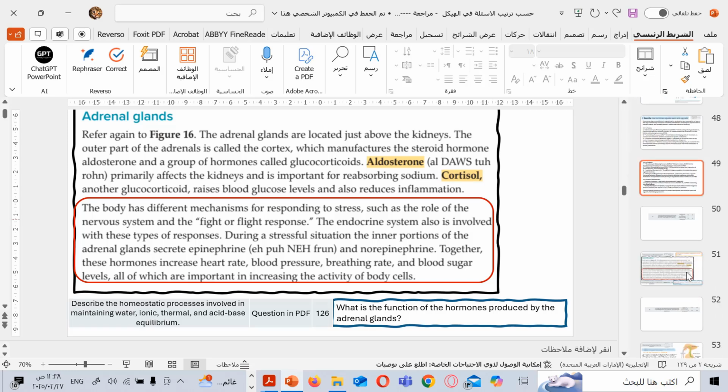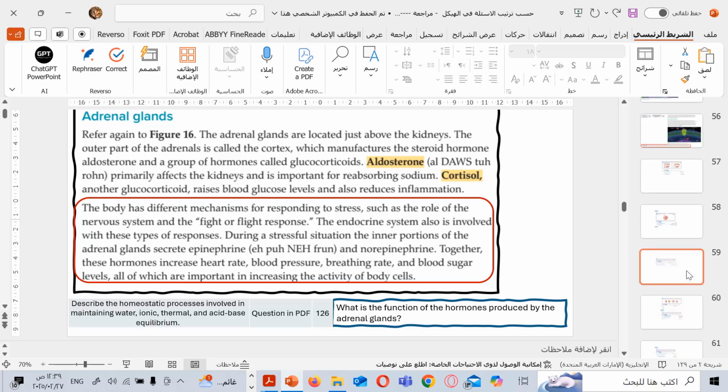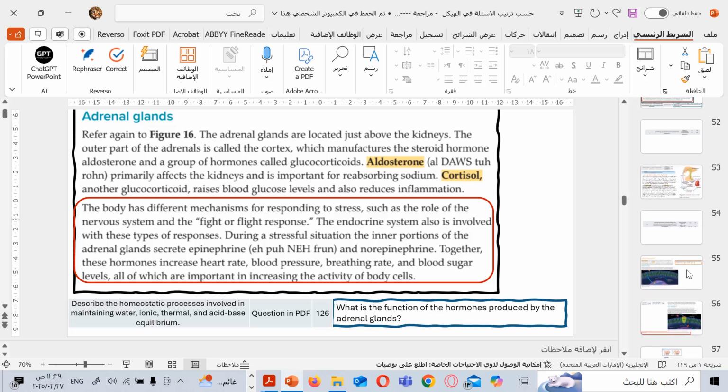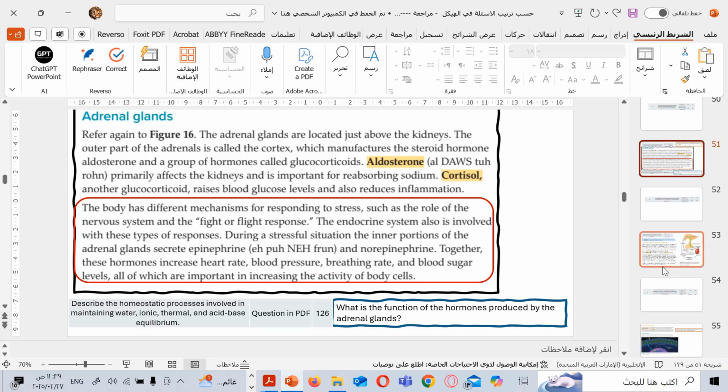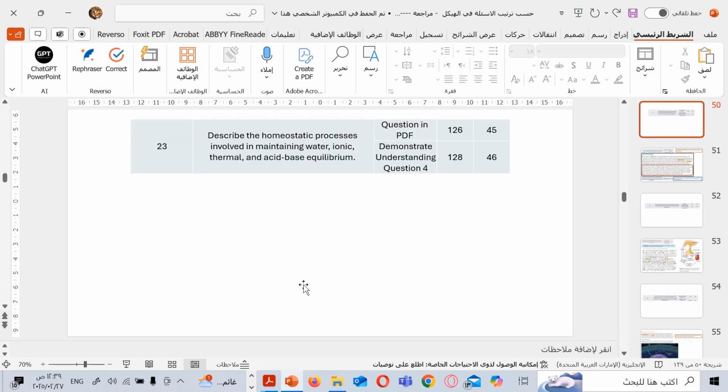Now we return again to 51. Where is 51? Yes, this one. Let me see. I want to see this one: demonstrate understanding question 4. It's number 46.